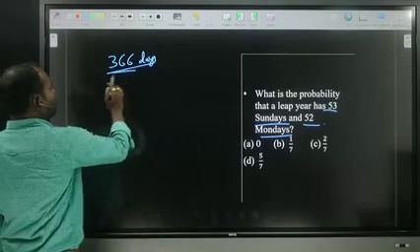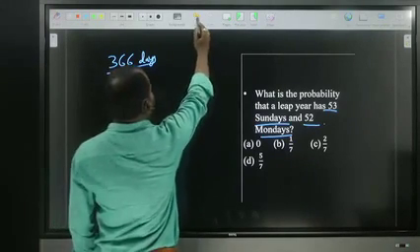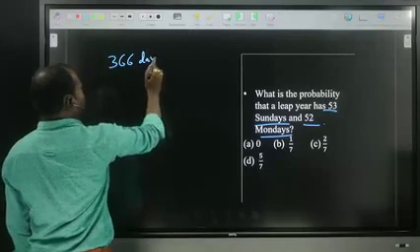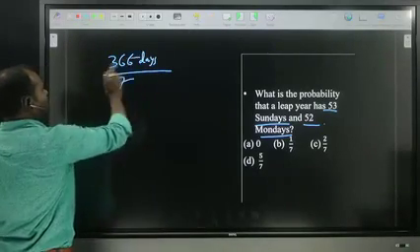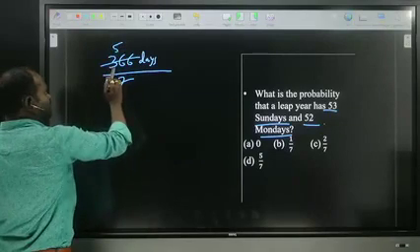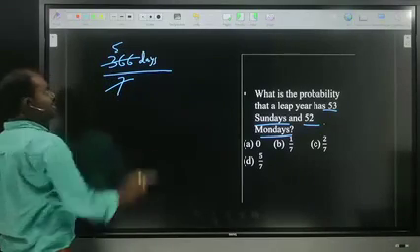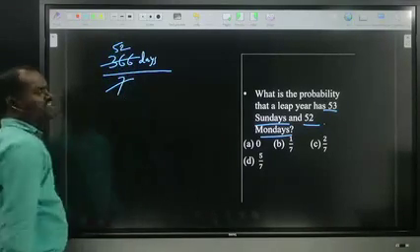Divide by 7. 7 ones, 7 5s are 35, 1 carried 16, 7 2s are 14. How much balance? 2 balance.